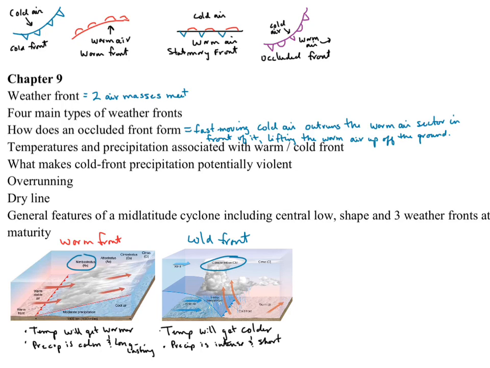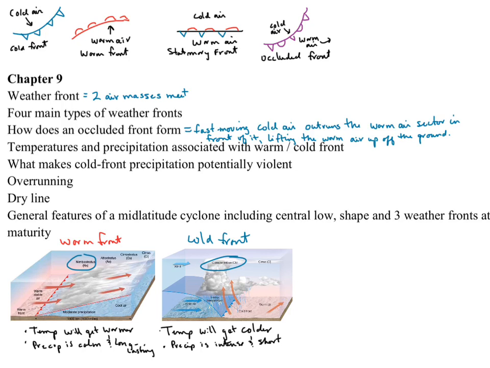The precipitation associated with a warm front is calm and long-lasting. The precipitation associated with a cold front is intense and short. We have nimbostratus clouds giving us precipitation with a warm front, and oftentimes cumulonimbus clouds, or some sort of cumulus cloud, associated with precipitation in a cold front.